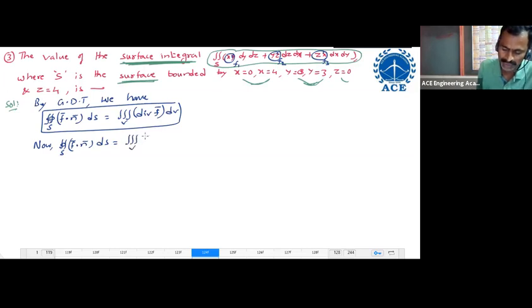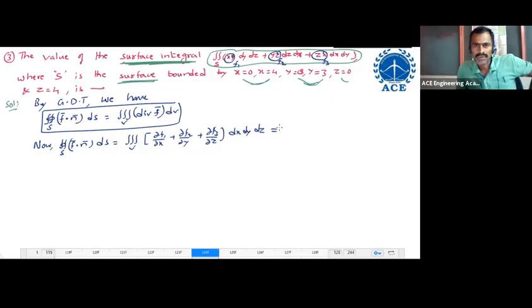Triple integral over V of dou f1 by dou x plus dou f2 by dou y plus dou f3 by dou z dx dy dz. And here the object is a cuboid. Whenever the object is a cuboid, the integral limits are constants only. Because the limits are constants, we can do the integration in any order. We can start with x, or y, or z, any one of the variables.